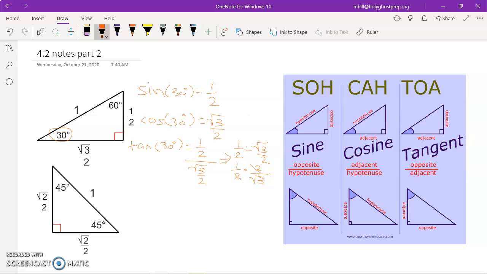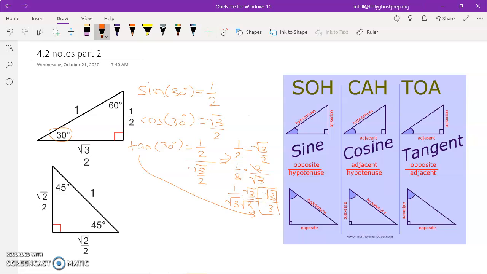The 2's cancel, and you're left with 1 over √3. Unfortunately, we have to rationalize by multiplying top and bottom by √3. So this will be √3 over 3. So the tangent of 30 degrees is √3 over 3. So we have a little bit of work to do for those ones.